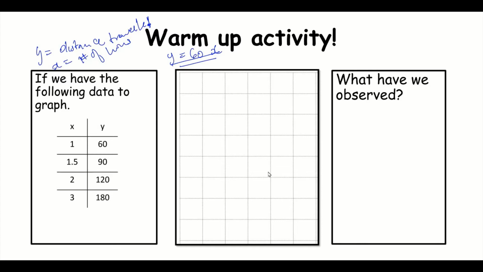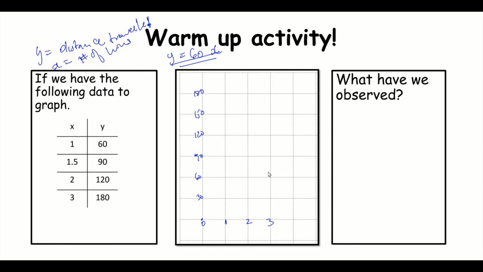Now we could graph it easily. Let us call this easy. Just write 0, 1, 2, 3, and this could be in multiples of 30: 30, 60, 90, 120, 150, 180.